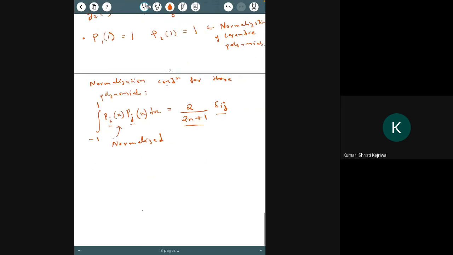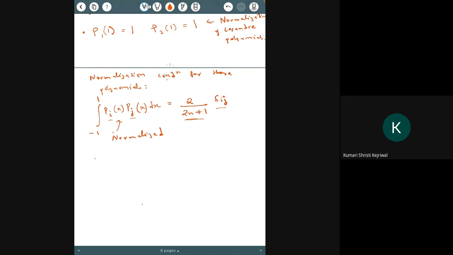And the normalized Legendre functions have the form... or you can say this is the generalized expression for the normalized Legendre functions of Legendre polynomials. This is a general form for any of them.